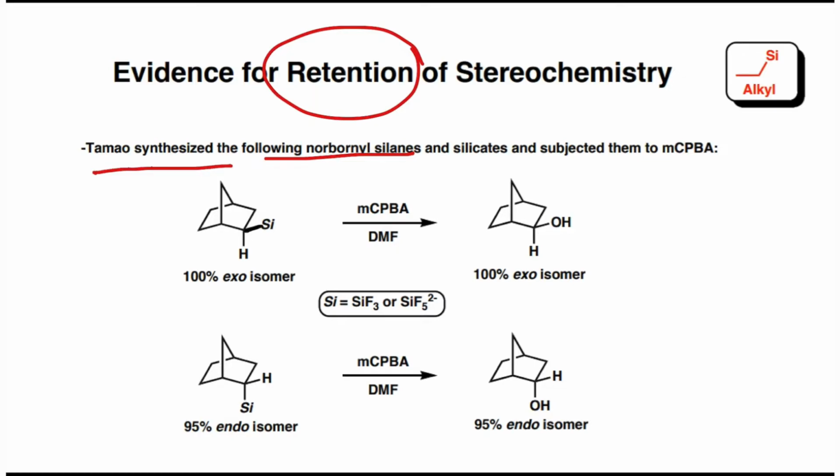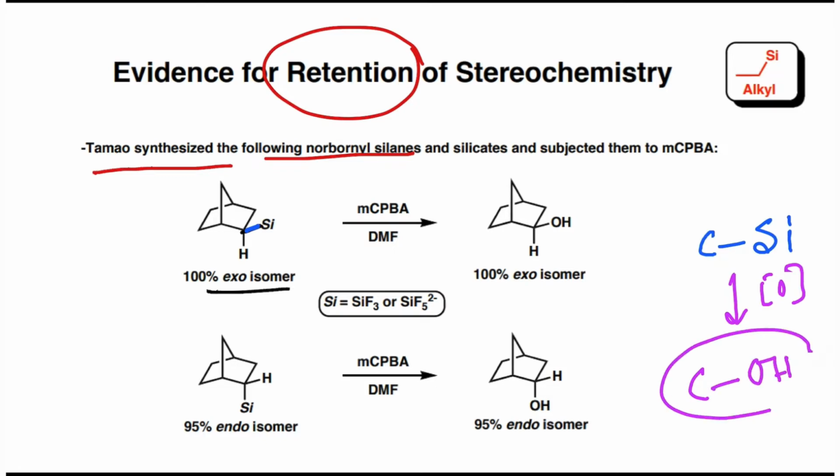If silicon is here, meaning the 100% exo isomer, then we know this bond will be oxidized. And students, a same easy process, just as a trick: under similar conditions, just put an OH in between carbon and silicon. So this is the trick, put an OH. In this way we will get the final product.